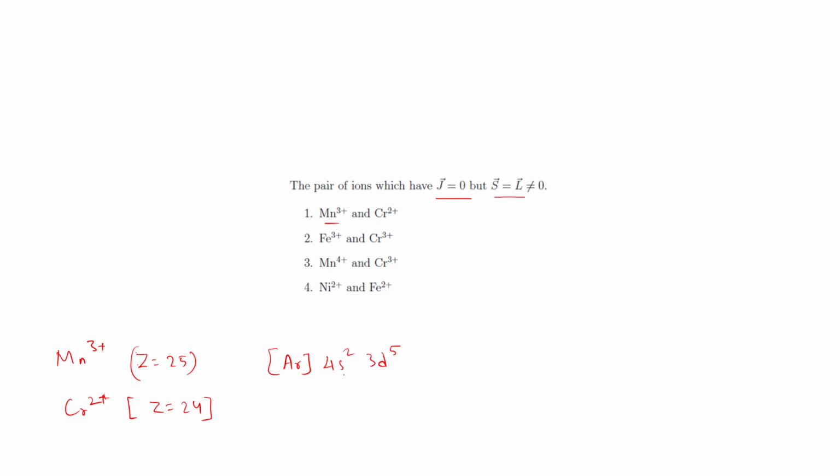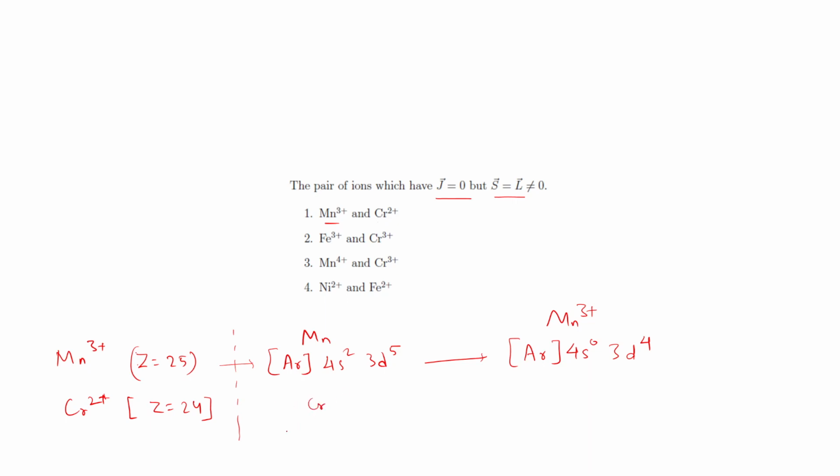From the outer shell 2 will go, and this is Mn. For Mn3 plus we have to remove 3 electrons. So from the outer shell we remove 2 electrons, and from the inner shell 1 electron will be removed. So it is 3d4. So this is Mn3 plus. Okay, so it has a 3d4 configuration, and this is chromium.